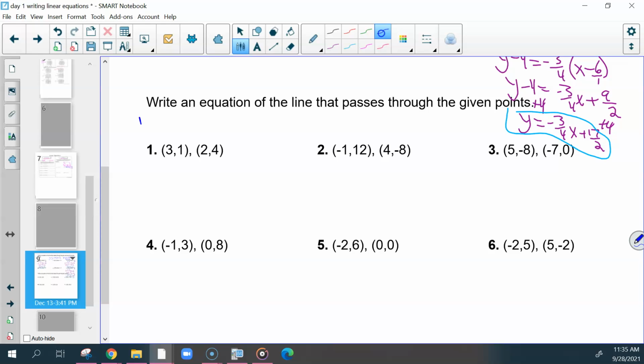Remember, slope is y2 minus y1 over x2 minus x1. Label them if it helps you, and then find what that slope would be. 4 minus 1 over 2 minus 3. We get 1 plus negative 3.